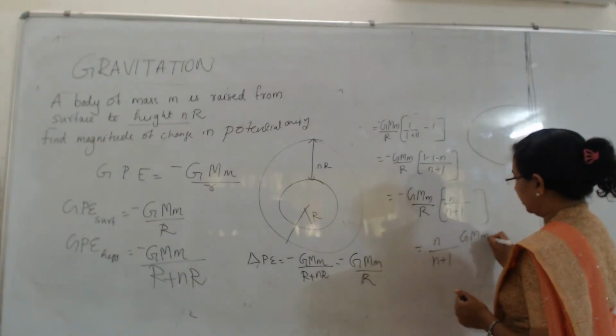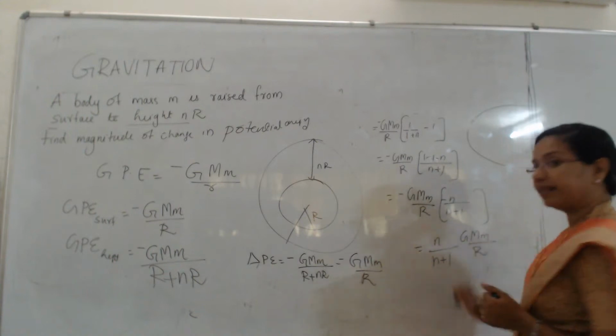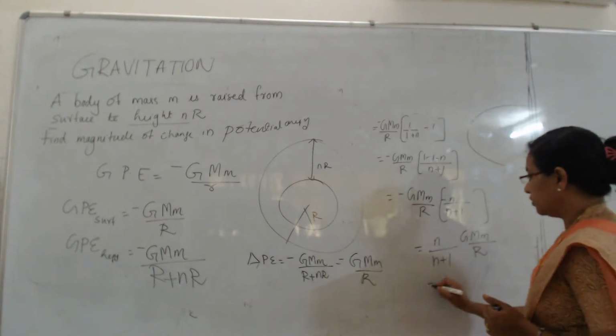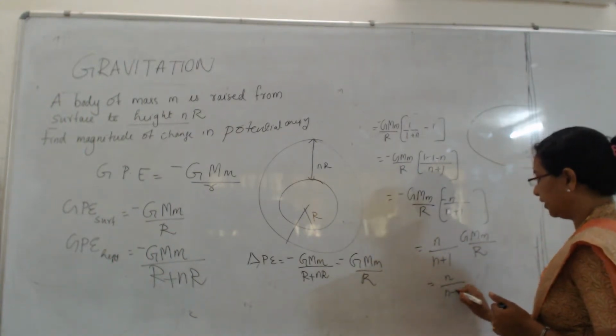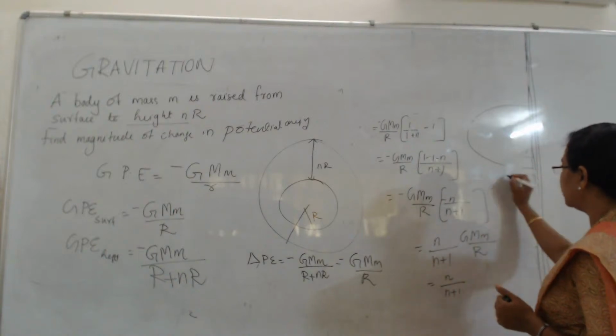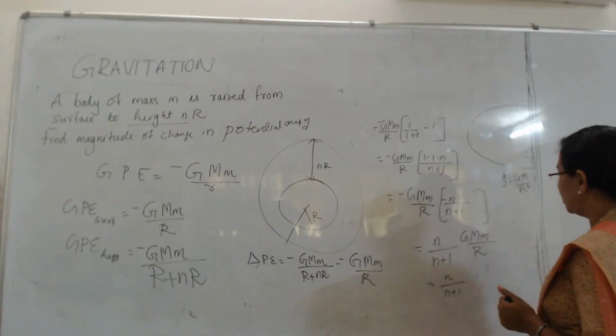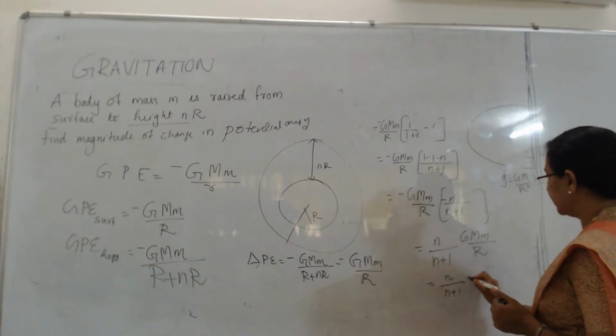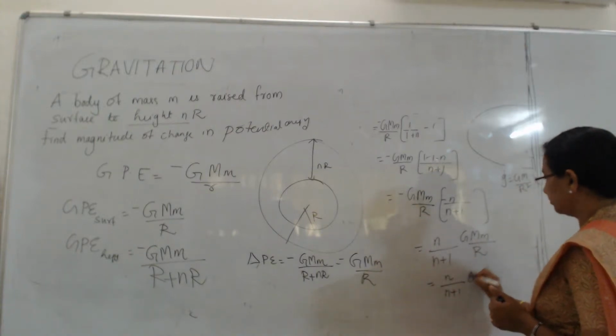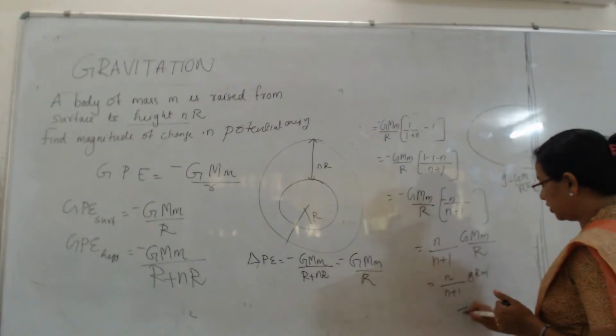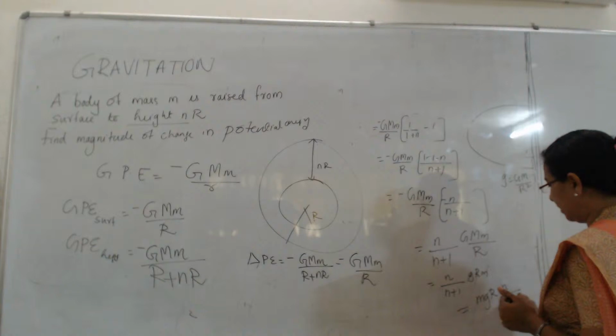This is correct, but in the options this is not there in terms of small g. So we can write here what is GM. The small g is nothing but GM by R square. So GM by R I can write as gR. So this equation only they gave, mgR into n by n plus 1.